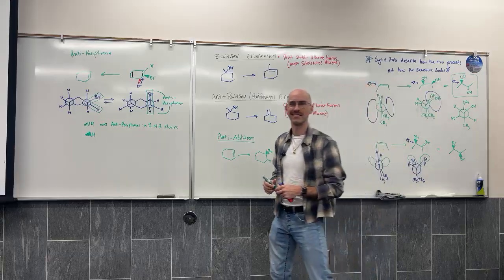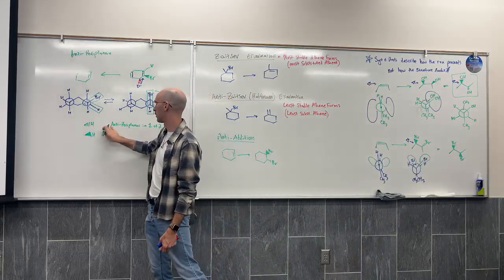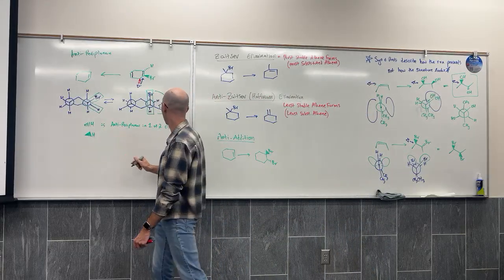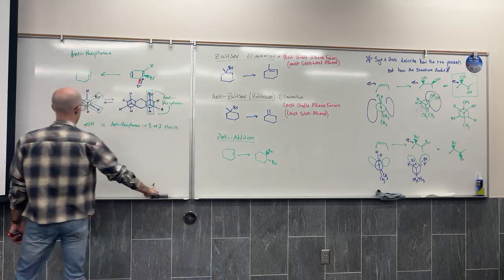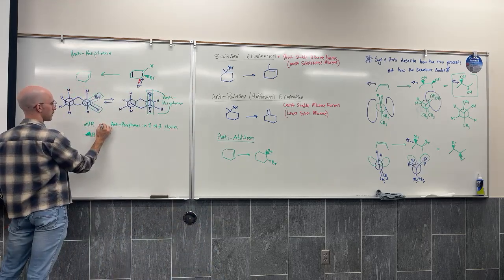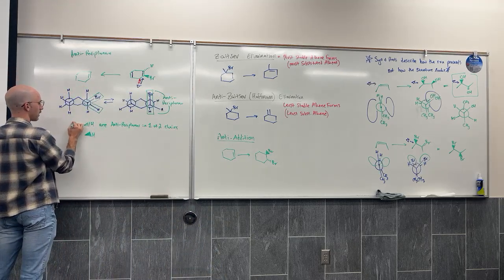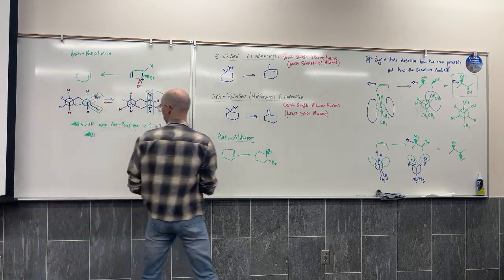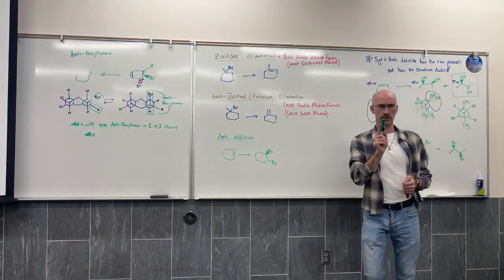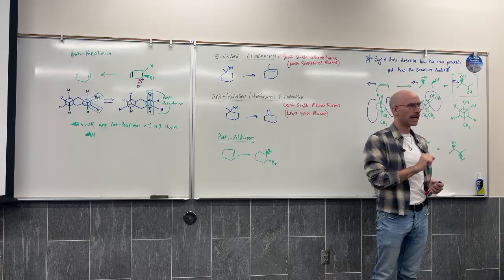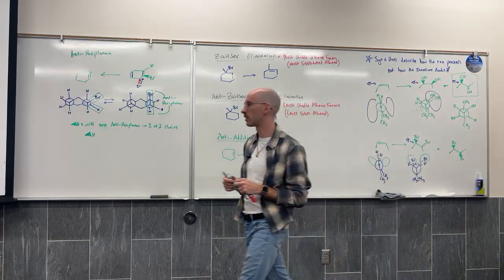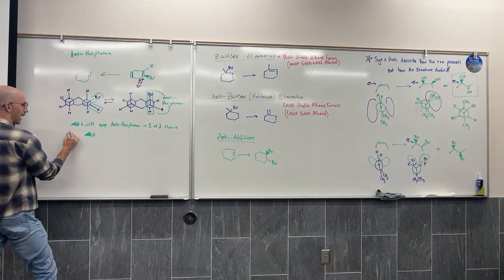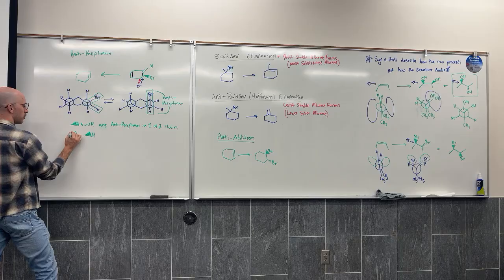Let me phrase this better. The wedged bromine and the dashed hydrogen, we're being specific here, are anti-periplanar in one of the two conformations.